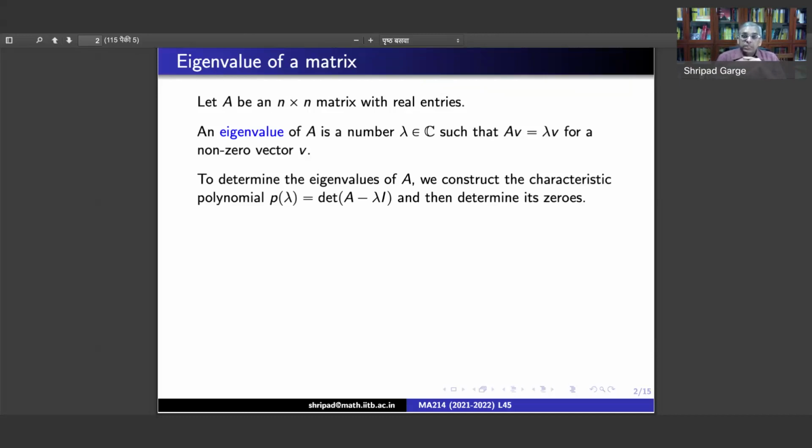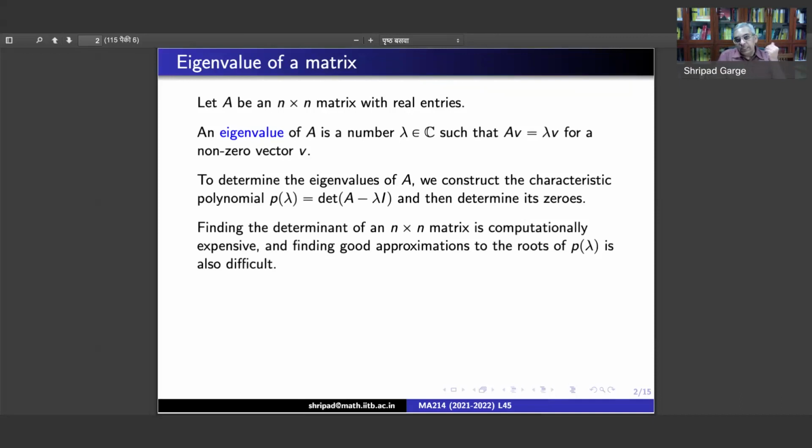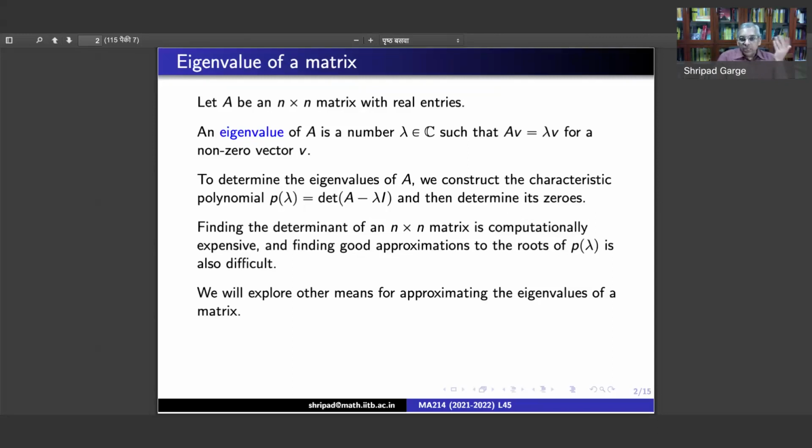But the problem here is that computing the determinant is computationally very expensive, and finding good approximations to the roots of that polynomial P of lambda is also a difficult thing. So we should look for some better ways. We will explore other means for approximating the eigenvalues of a matrix.